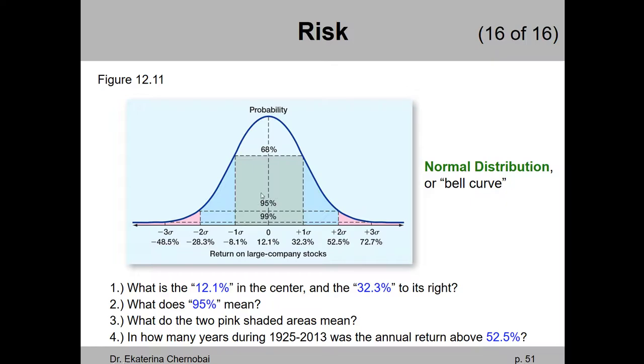So if you take the 5% that remains and divide by 2, we get 2.5%. To answer question 4, 2.5% of the time over this 88-year time period, the return was above 52.5%. What's 2.5% of 88 years? That's approximately 1 or 2 years.